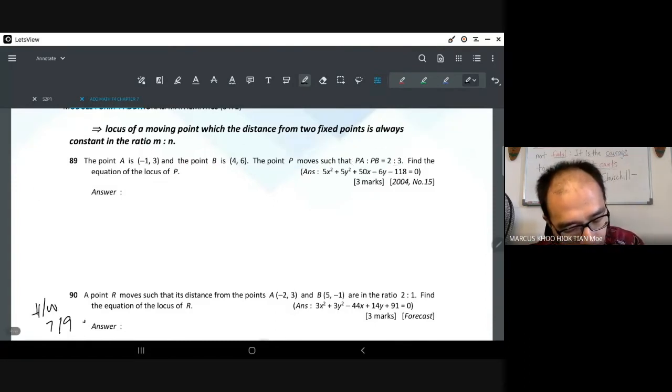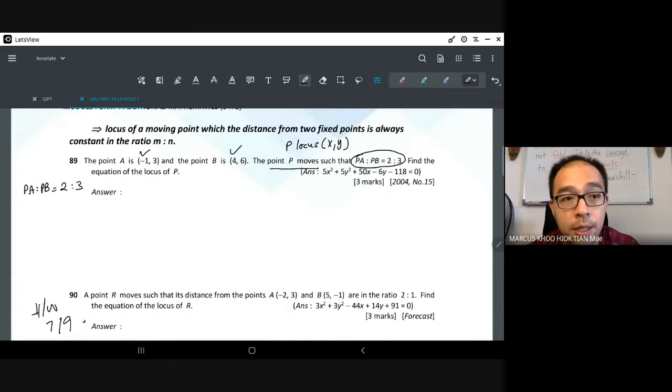So, kalau PA nisbah PB equals 2 nisbah 3, we can change the nisbah. Kita boleh tukar itu nisbah menjadi bahagi. We can change it to divide. So it becomes PA over PB equals 2 over 3.